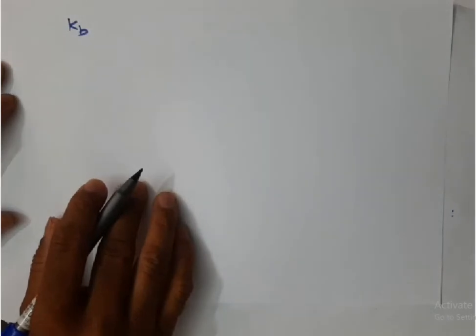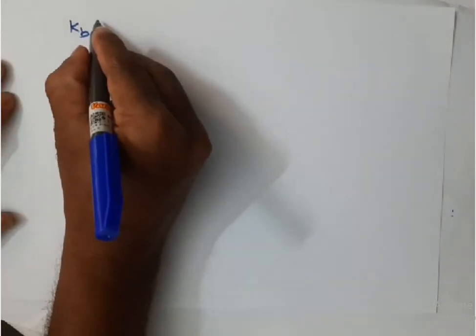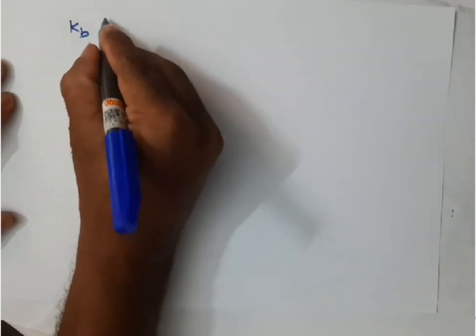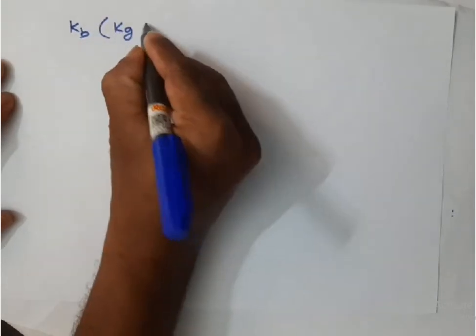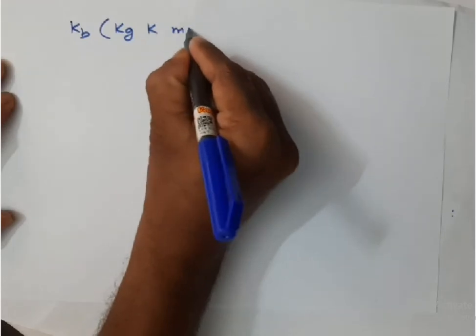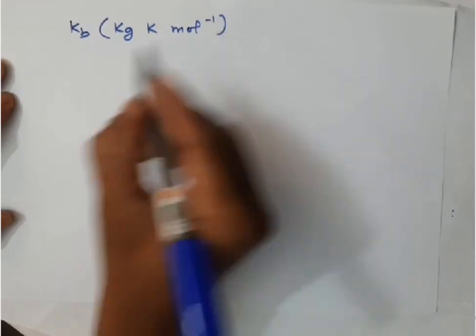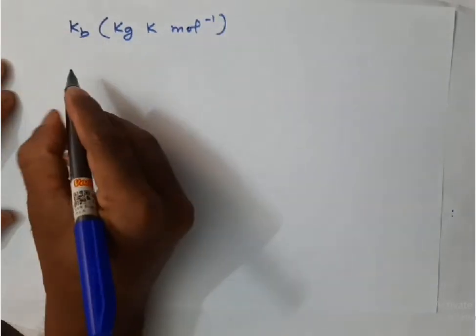And what is the SI unit? The SI unit is kilogram Kelvin per mole. This is the unit of Kb.